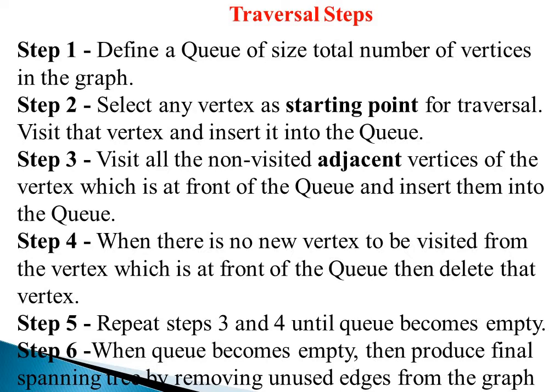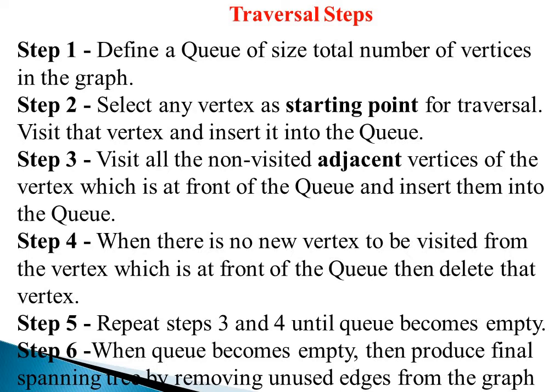Step number 3, visit all the non-visited adjacent vertices of the vertex which is at the front of the queue and insert them into the queue. So all the adjacent vertices from the source vertex will be added to the queue.